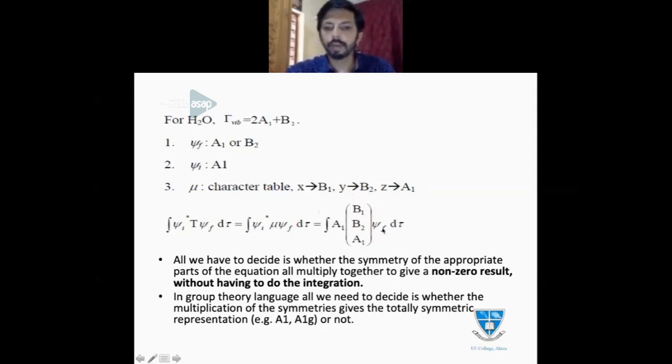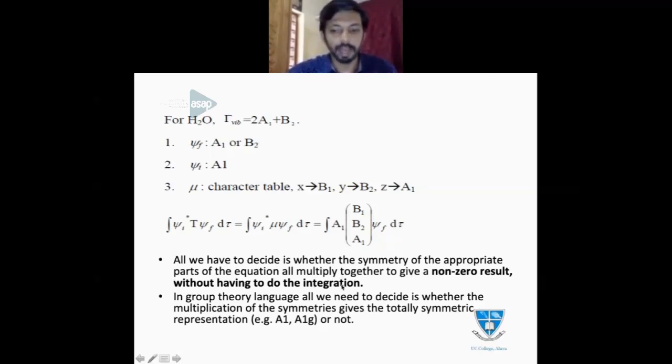Then psi f is the final state, and the final state can take two forms. We have determined previously that it can be A1 or B2. The most interesting thing is that all we have to decide is whether the symmetry of the appropriate parts of the equation multiplied together gives a non-zero result, without having to do integration.